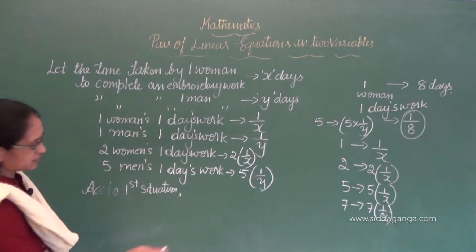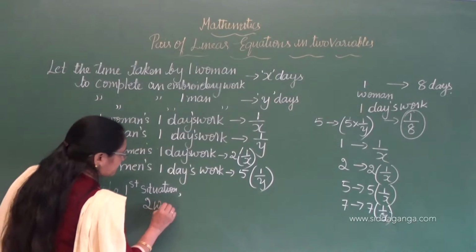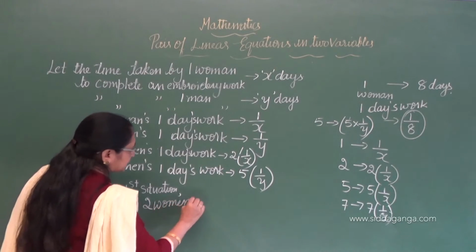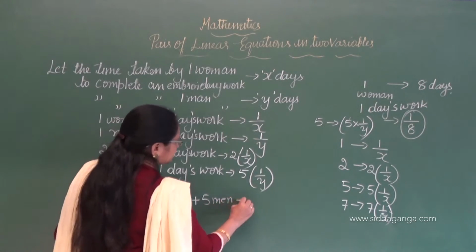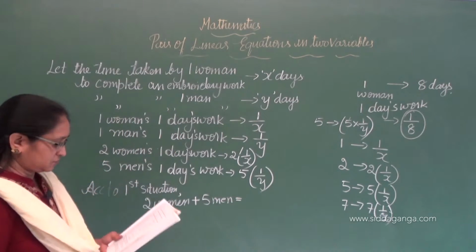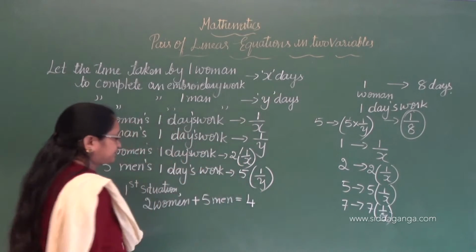So what will happen here? According to the first situation, 2 women plus 5 men will be equal to how many days? 4 days, correct? They need 4 days.